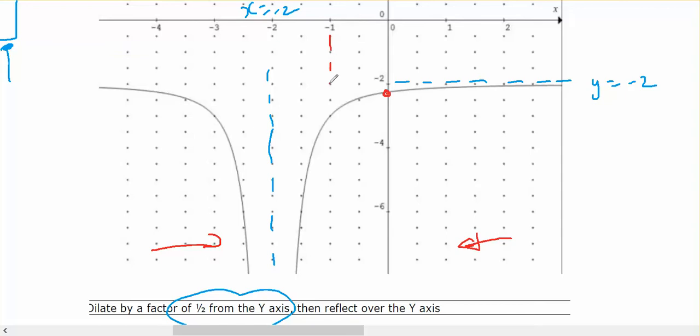I'm now going to have an asymptote here at -1. And my graph is going to look something like that. And this here at -4 will go to -2.